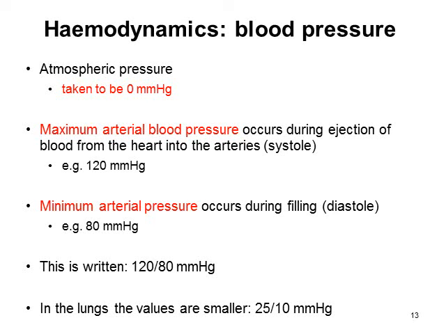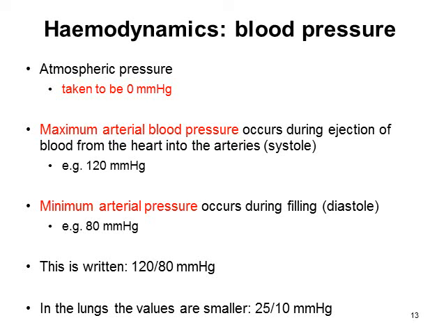The minimum arterial blood pressure is referring to when the heart is in diastole, it's relaxed, it's not contracting, and it's filling with blood. You'll be given that value by the doctor as a 120 over 80 millimeters of mercury to indicate what your pressure is at the maximum heart contraction versus minimal heart contraction, so maximum relaxation.